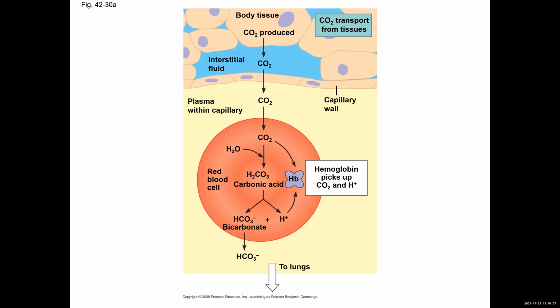So the bicarbonate ion is going to get moved throughout your circulatory system. About 70% of all the carbon dioxide that gets transported is in this form. About 23% stays inside the red blood cells, and only about 7% stays in the plasma. Again, the same way with oxygen, this means that we can maintain a concentration gradient between the body tissues and the plasma.